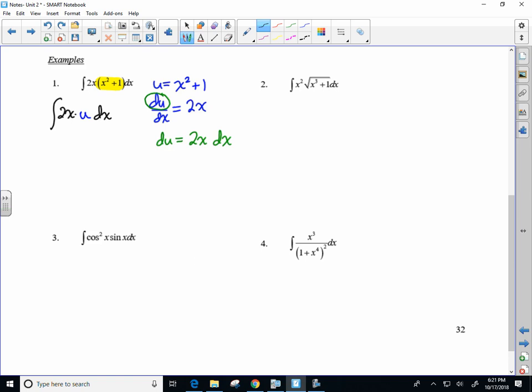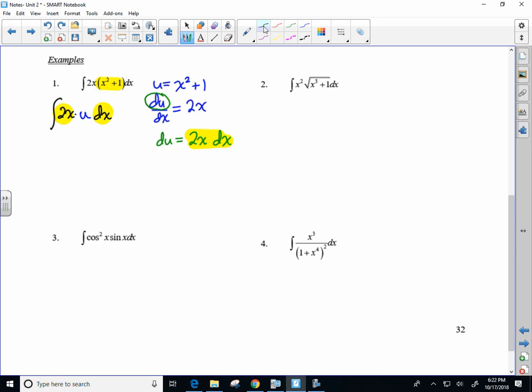So, Calc 3. I can't integrate with respect to two different variables. So that 2x has to go. Fortunately, I have a relation that involves a 2x and a dx. Here's my 2x dx. Here also is 2x dx.